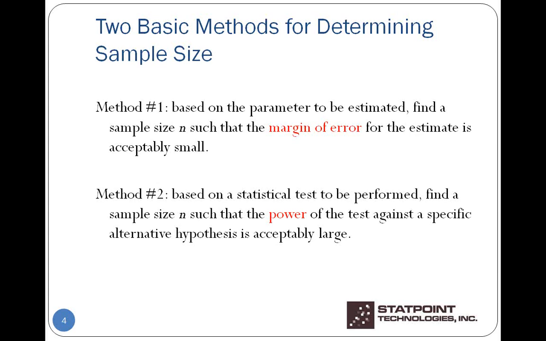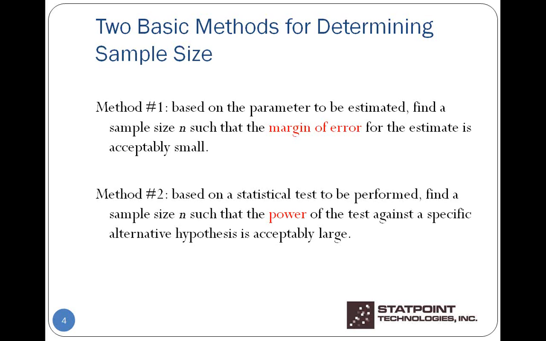Where power has to do with the likelihood or probability that the test will give me a statistically significant result when some alternative hypothesis is true. Okay, and as we go through and look at the different examples, sometimes I'll be using the margin of error method, sometimes I'll be using the power method with respect to determining what the most reasonable sample sizes are.